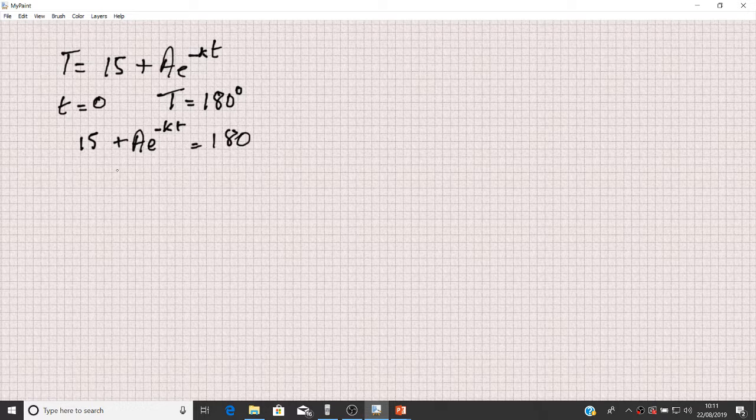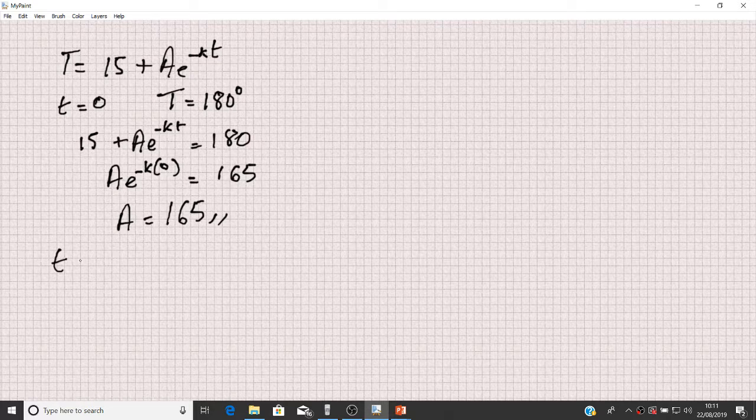I'm going to rearrange it. Ae to the minus k, and we sub in t equals 0. 180 minus 15 is 165. So we now can say A equals 165. So we have a value of A, and with that value of A, we can use the second piece of information to find the value of k.